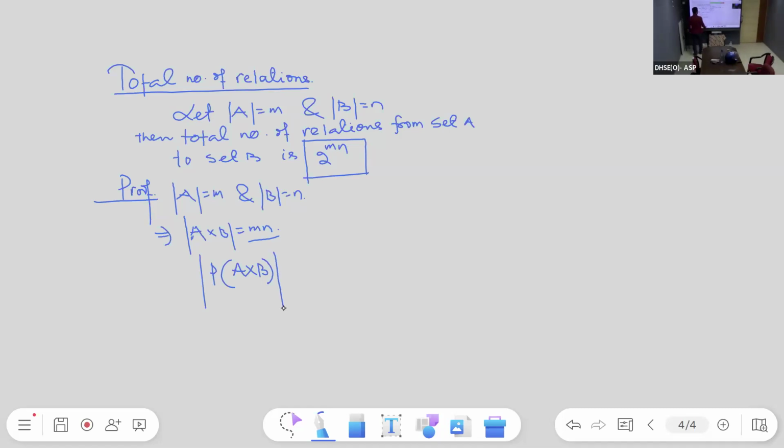So the cardinality of the power set of A cross B is equal to 2 to the power mn. Each and every subset of A cross B is a relation from A to B. So the total number of subsets means the total number of relations from set A to set B is 2 to the power mn. Is it clear?